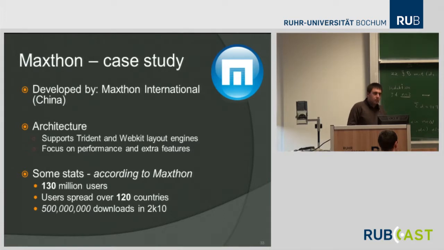At the last Hack in the Box conference in Amsterdam, I was presenting about different bugs, about Maxthon, and I released, I think, five 0-days. Before releasing the 0-days, of course, I sent the report to the vendor. I shared all the bugs.